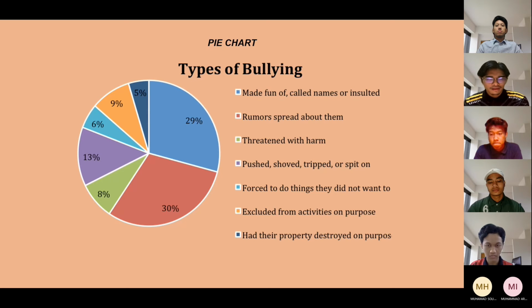And 30% is pushed, shoved, tripped, or spat on. 6% is forced to do things they did not want to. 9% is excluded from activities on purpose. And lastly, 5% had their property destroyed on purpose.